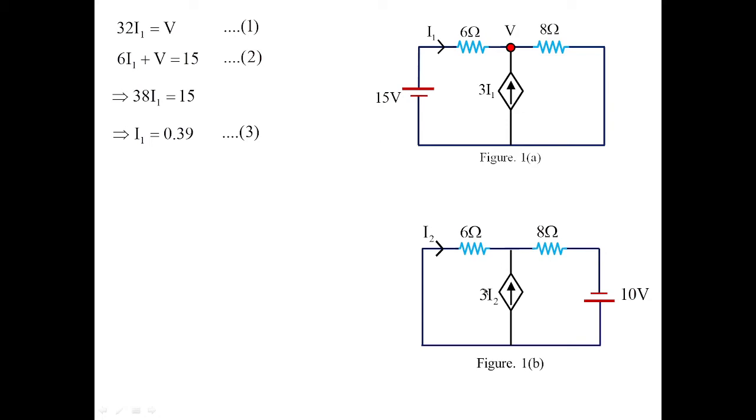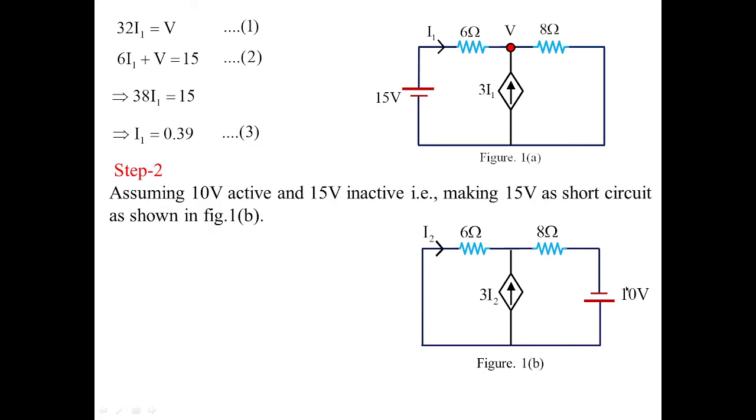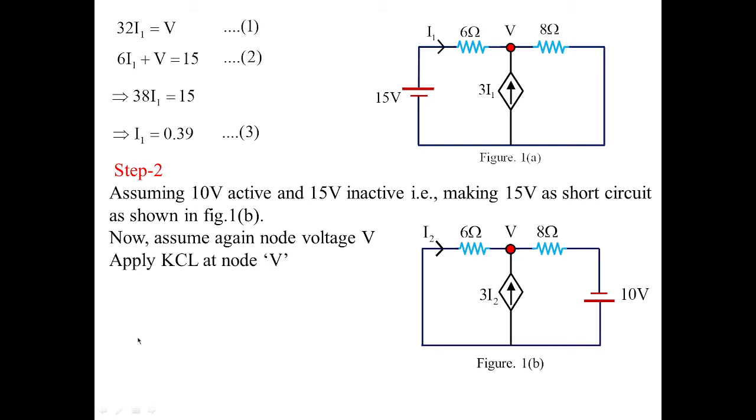Now we are going to take another circuit where we make 15 volts inactive and 10 volts active. That is what it is doing here. 10 volts is made active, 15 is inactive, and again we assume a node voltage V. With this we apply KCL, that is, minus I2 minus 3I1 plus V, which is at higher potential, plus 10 because it is acting quite opposite, the whole divided by 8.